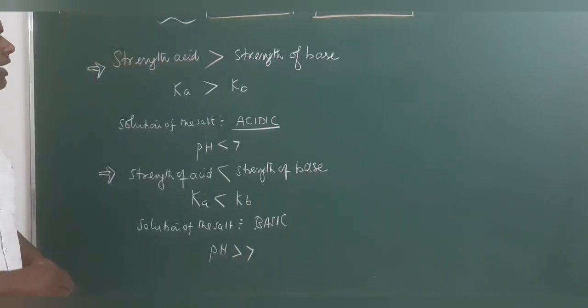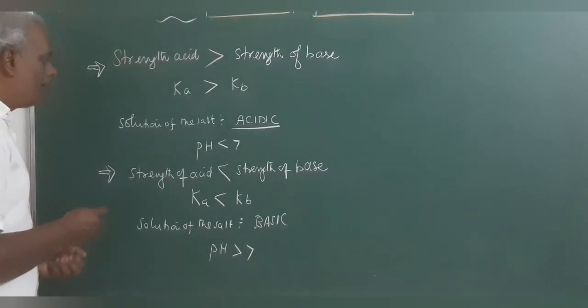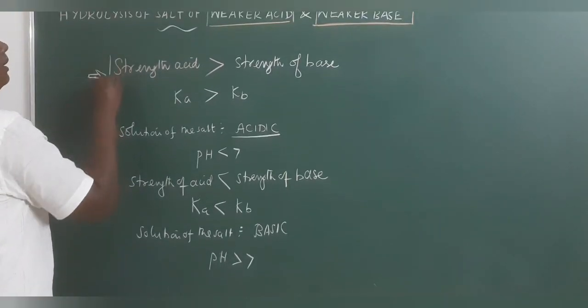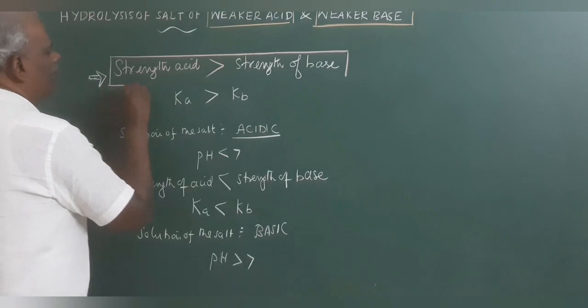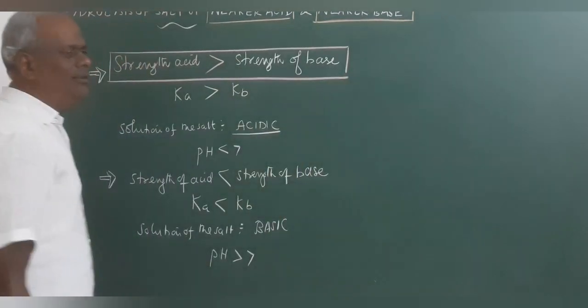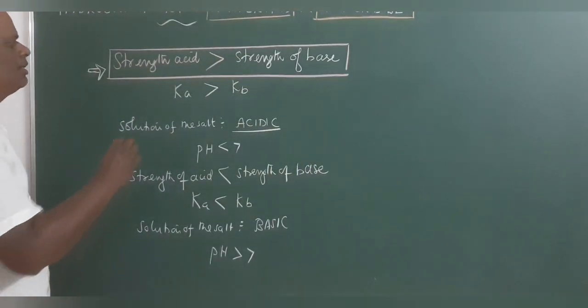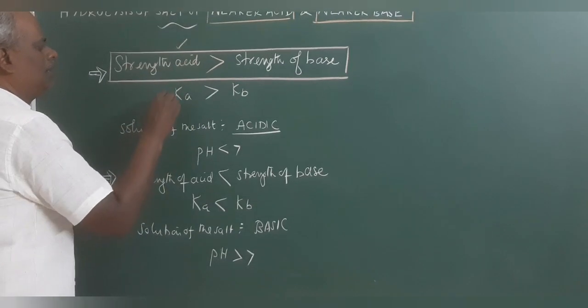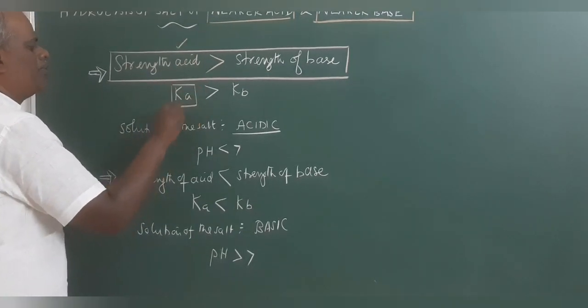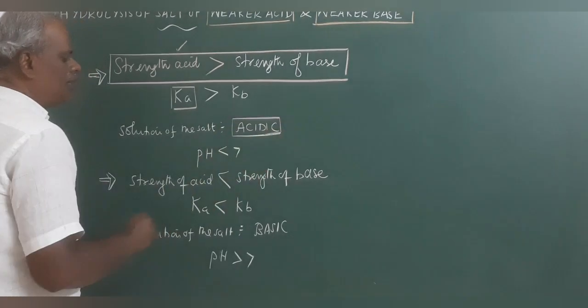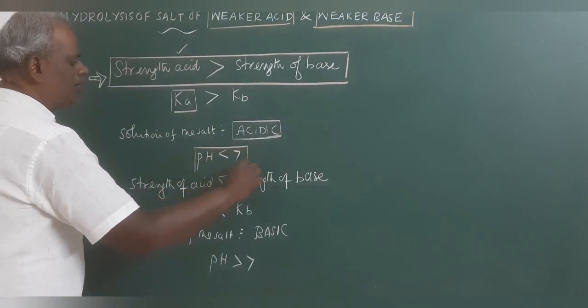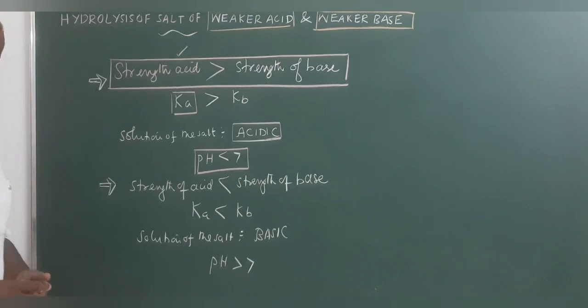So these are the points to recollect regarding hydrolysis of the salt from weaker acid and weaker base. Condition 1: when the strength of acid is greater, Ka is greater and the solution is acidic in nature.